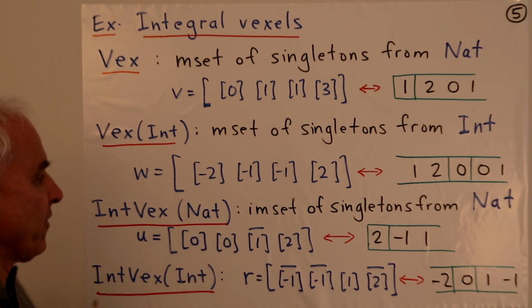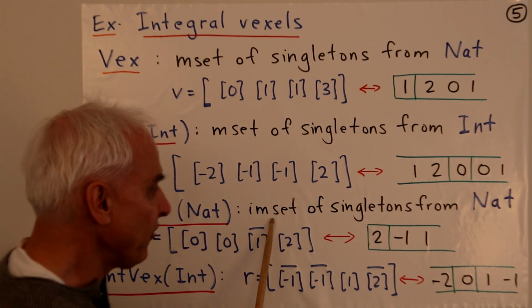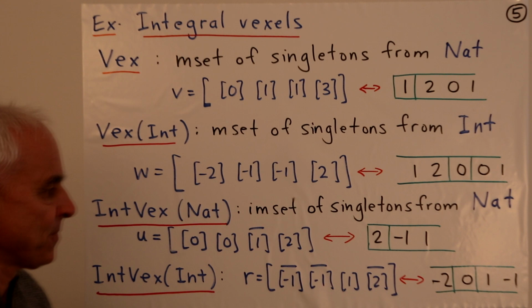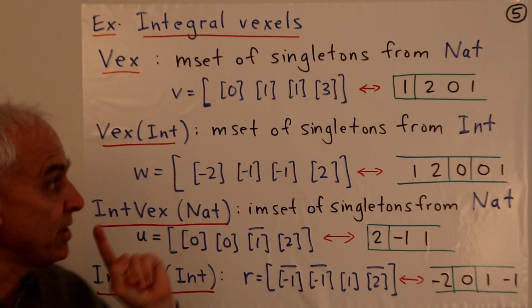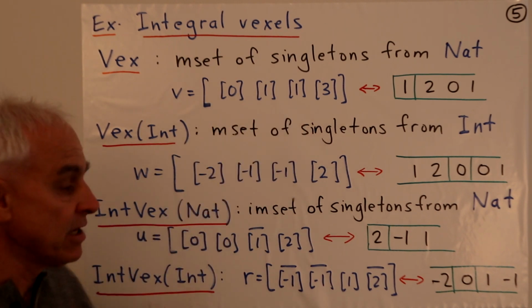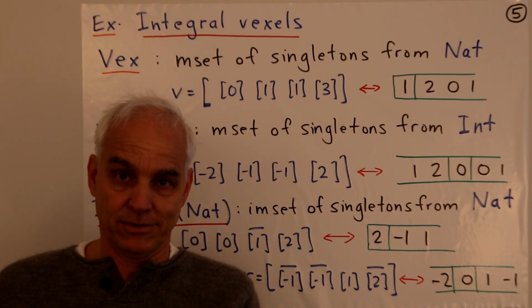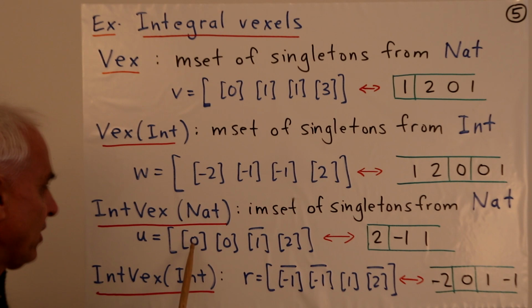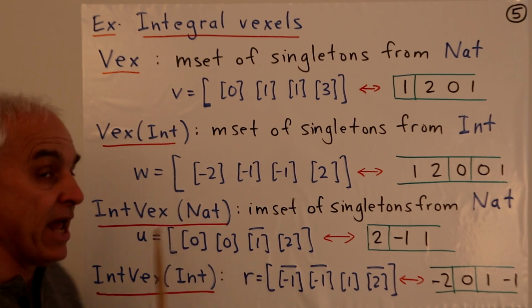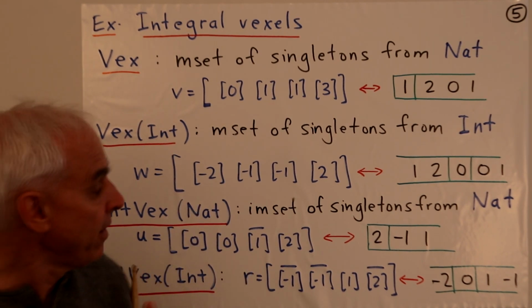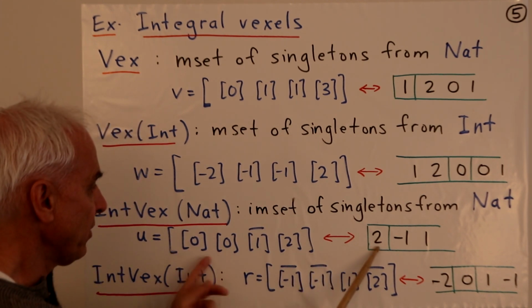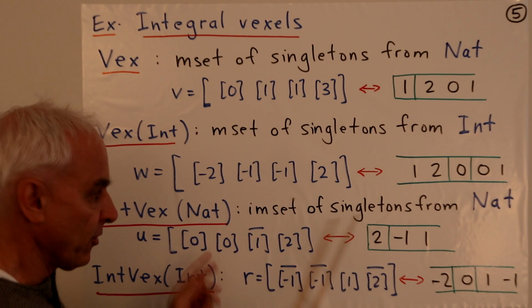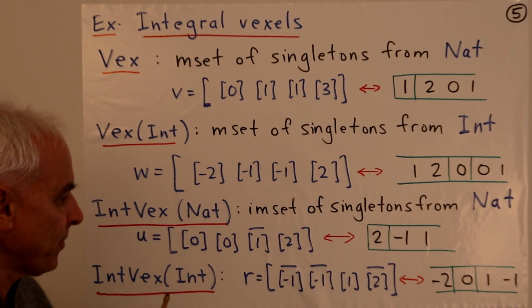So first of all, from Nat, where we consider imsets of singletons from Nat. That means we're back in this situation here, but now we're allowed to use not just singletons, but also anti-singletons. Okay, so here we have a singleton 0, and here's an anti-singleton 1, and a singleton 2. The 2 singleton 0s are represented by this 2 in the 0 labeled box.